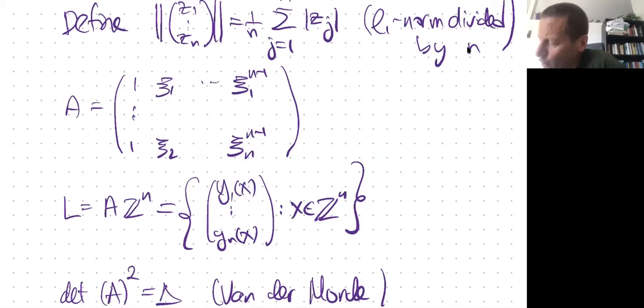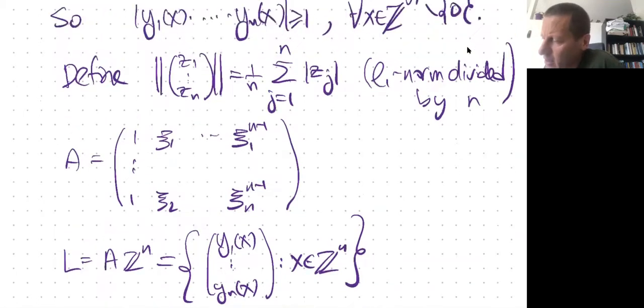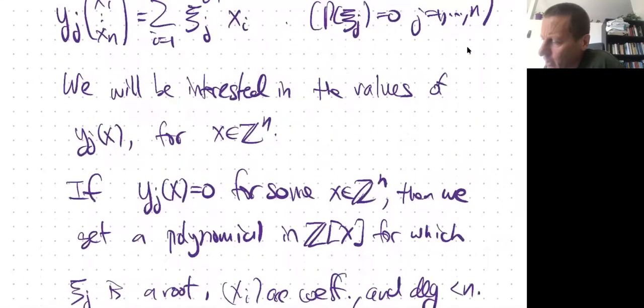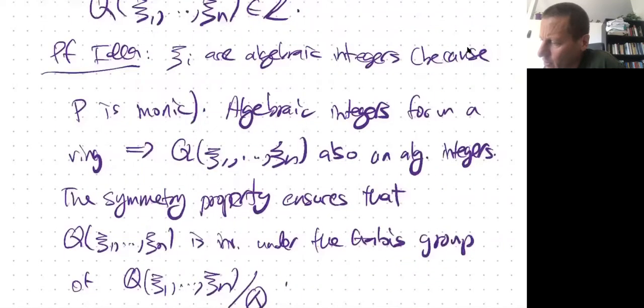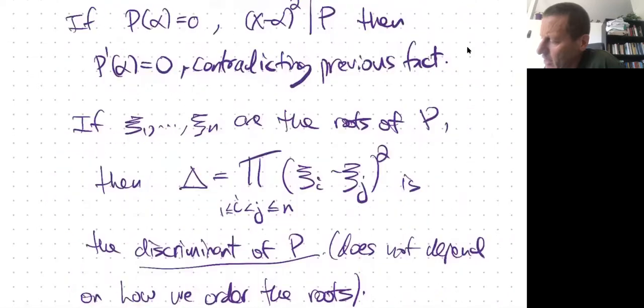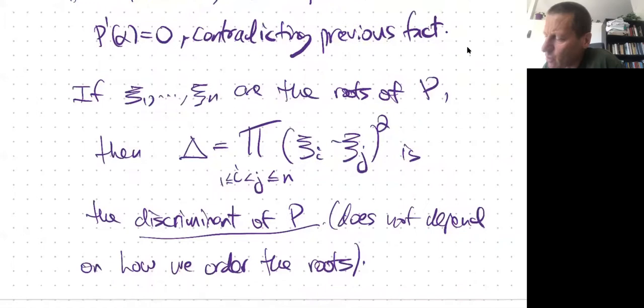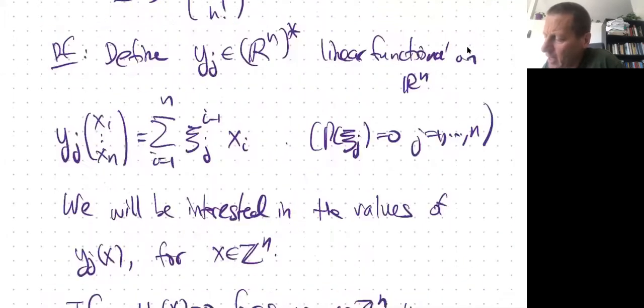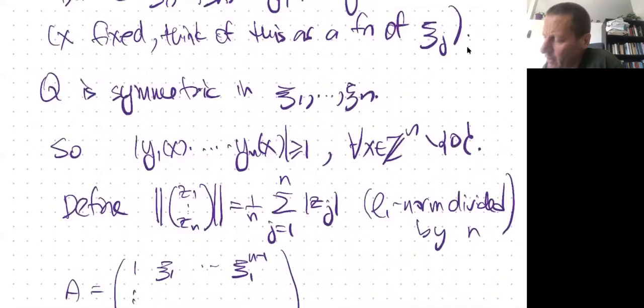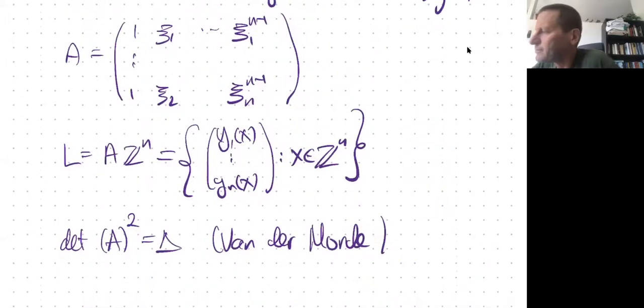And there's a famous formula for determinants of such matrices. It's exactly the product of the differences of the numbers in each row, and now we're squaring everything, so that's why the determinant of A squared is the discriminant.